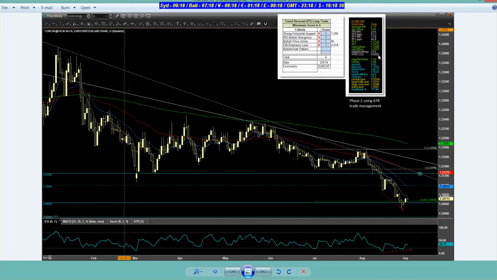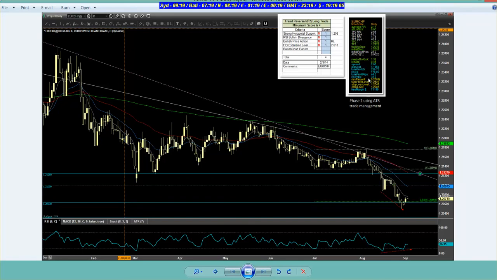Initial 2057, so just underneath that. Using an ATR stop, okay, gives you a risk reward of 1 to 3, is it? Okay. Risking 33 pips, taking 44. 1.3.